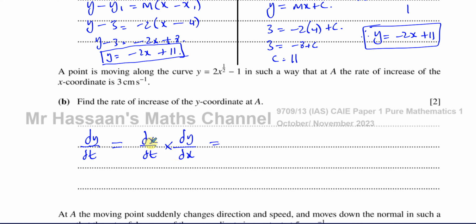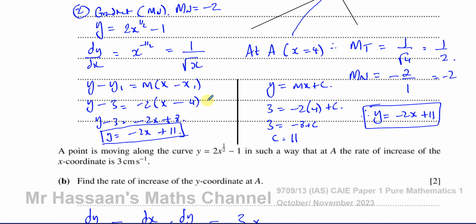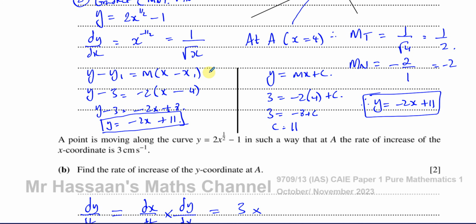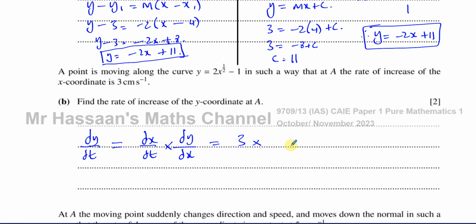And we know that dx/dt, they told us, is 3. It's an increase, so it's positive, so that's 3 times. And we know that dy/dx is given by what we found earlier, which is 1 over root x. This is for the same curve. So it's 3 times 1 over the square root of x. And we know at A, x equals 4.